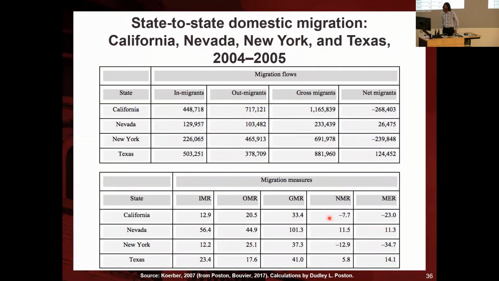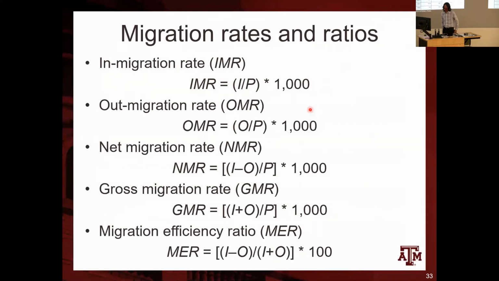And then the migration efficiency ratio: we take the number of net migrants divided by the gross migrants and multiply by 100. So I'm just following this exactly. This is an example of these rates that were shown on slide 33, okay?